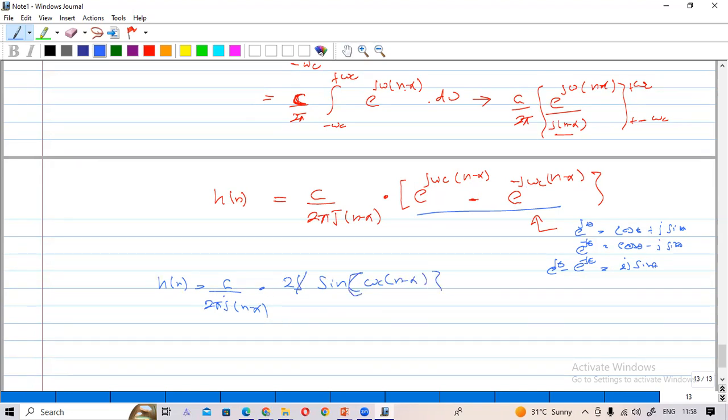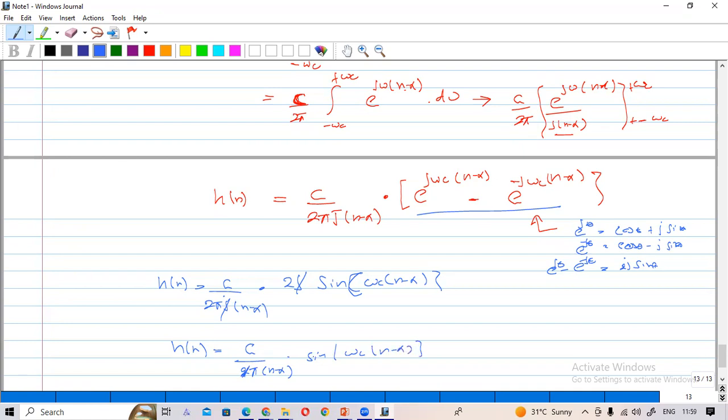So j and j cancel, and h(n) is c divided by 2π, and this 2 also cancels, giving c divided by π(n−α) times sin ω_c(n−α).